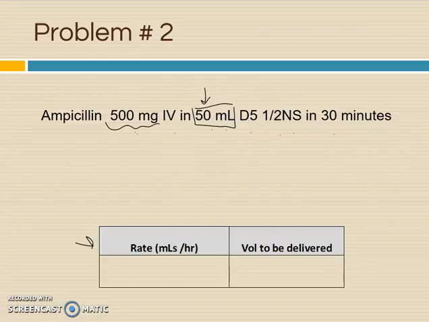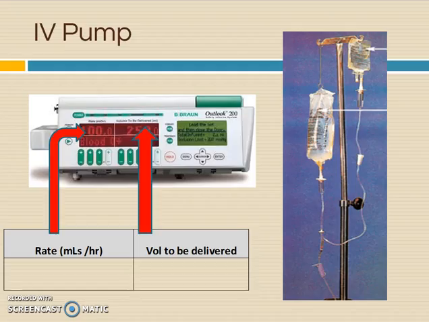So we have 50 mils in 30 minutes. We want to know how many mils that's going to be in an hour. So it's this kind of a setup. Here's the ampicillin, and this is the normal saline that you would hook it onto. But what the question is asking is simply what we're going to set the pump for this piggyback.